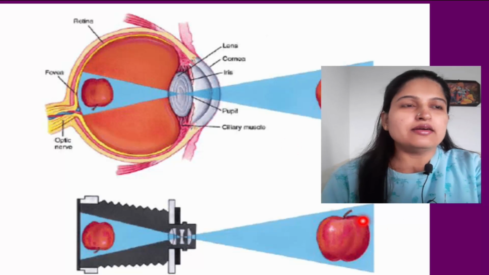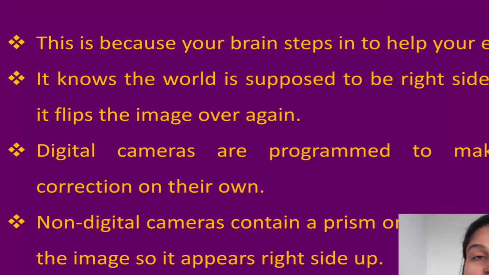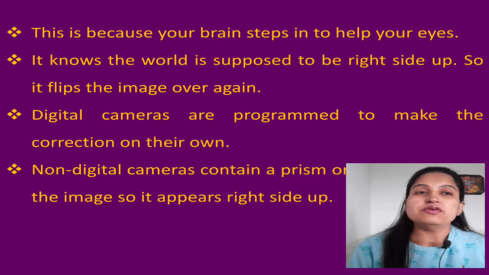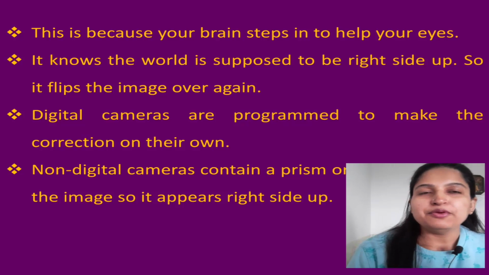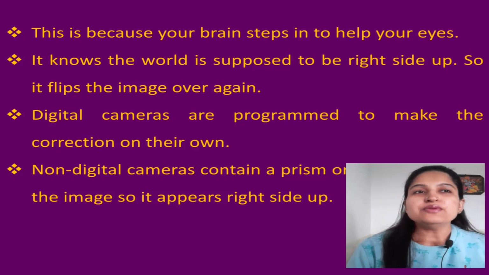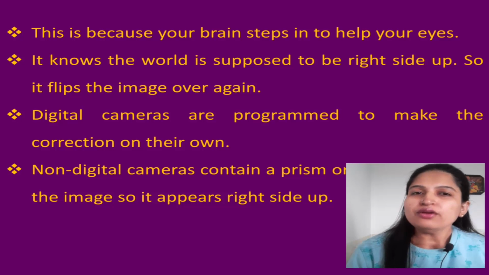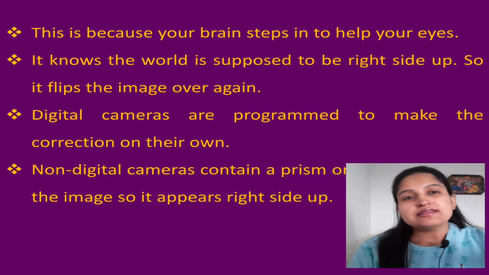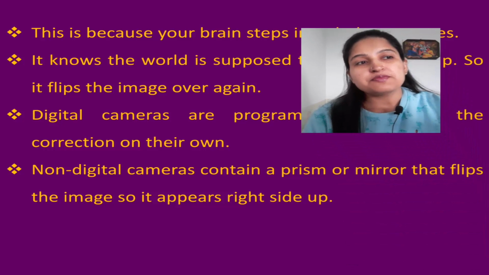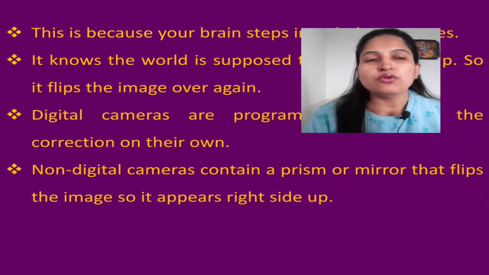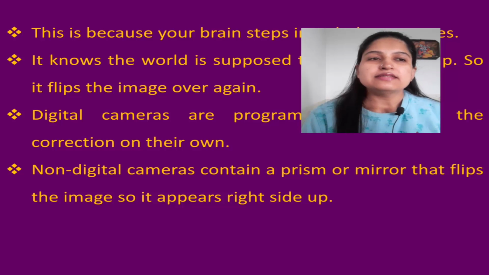Because your brain steps in to help your eyes. It knows the world is supposed to be right side up, so it flips the image over again. Digital cameras are programmed to make the correction on their own. Non-digital cameras contain a prism or mirror that flips the image so it appears right side up.